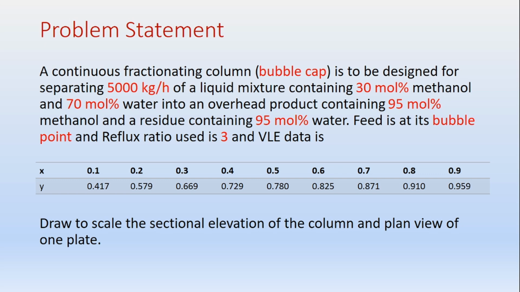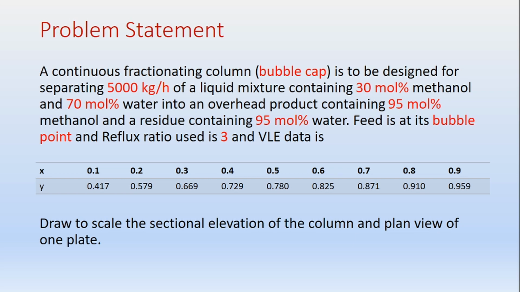The overhead product or the distillate contains 95 mole percent of methanol, and the residue contains 95 mole percent of water. So that means it contains 5 mole percent of the more volatile component, which is methanol, in the bottom product. Feed enters at its bubble point.